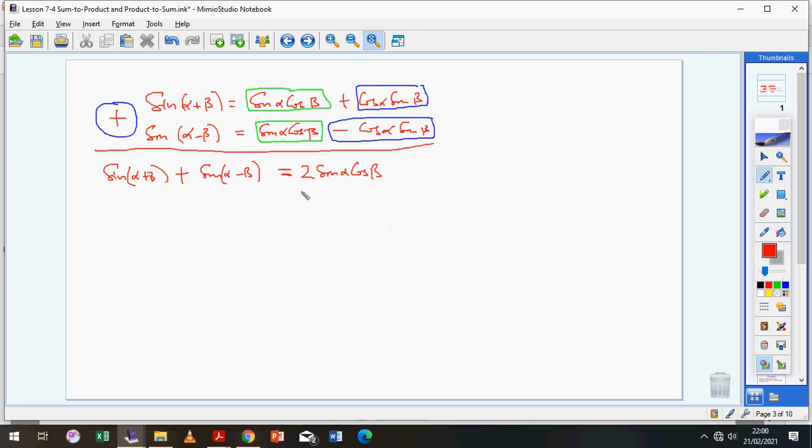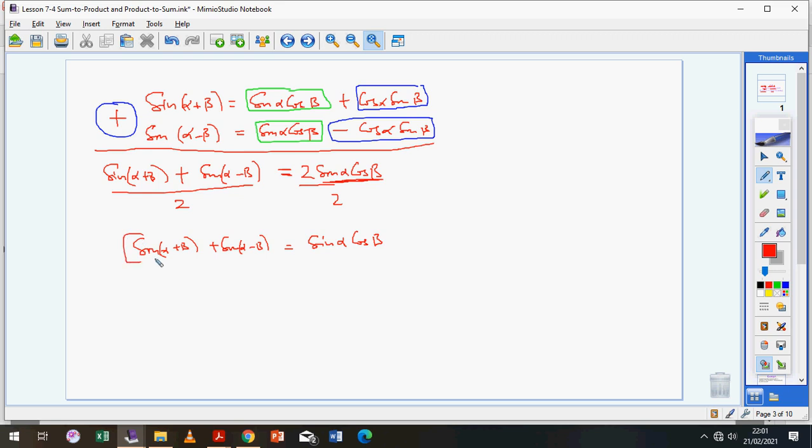So if I want to make sine alpha cosine beta the subject, because it's the product, then I'm going to divide both sides by 2. So I'll end up with sine alpha cosine beta is equal to sine alpha plus beta plus sine alpha minus beta, everything divided by 2.